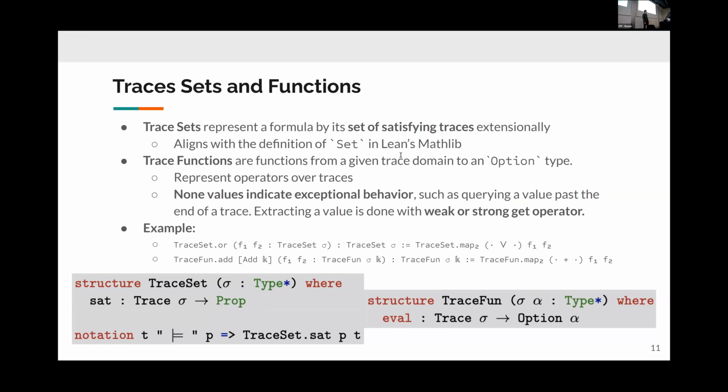That's how we represent the exceptional behavior that you might get if you go off the end of a trace. And to extract these values from this option type, we have a weak and strong get operator, which are basically equivalent to the weak and strong next in finite LTL. Here I've included two examples, the OR operator and the add operator, as trace sets and trace functions using this map utility.